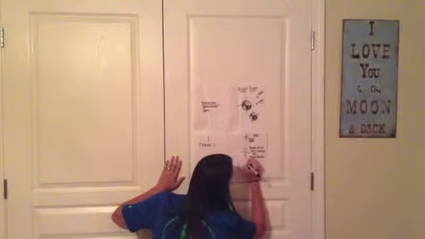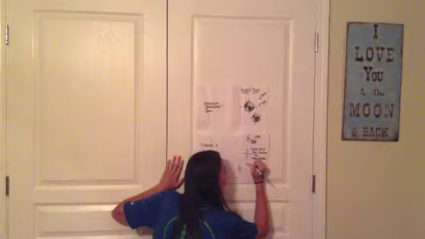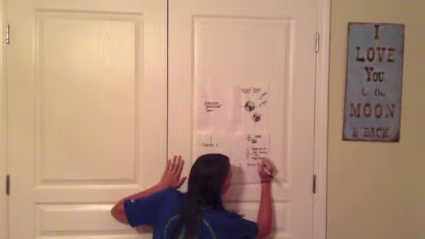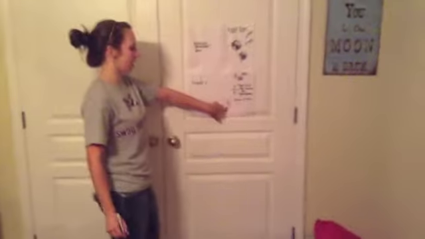Ashley, come show me how you would write 3/5 on the board. Alright, so we have 3 out of 5 crackers left. Very good.